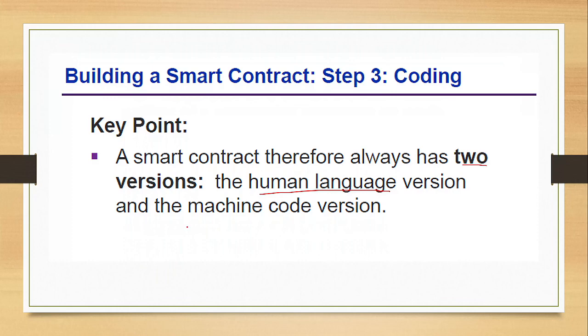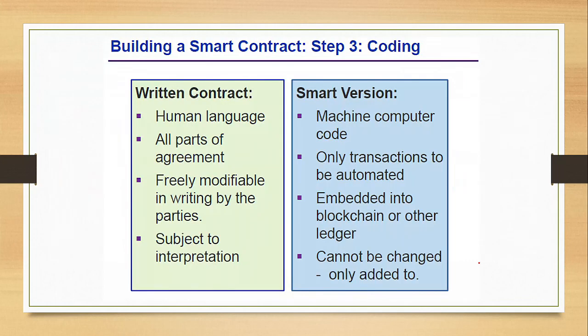That is what we refer to as the machine code version. So it's very important to have these two sets, and ideally it's going to remove some doubts. If the machine code is not meeting the requirements, we can always fall back to the human language.